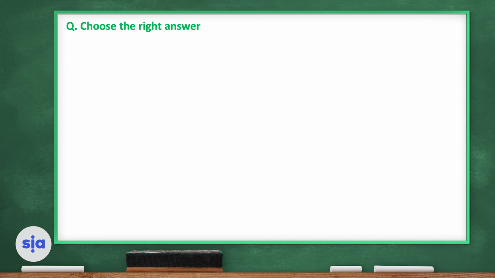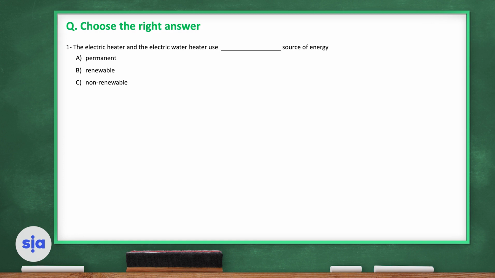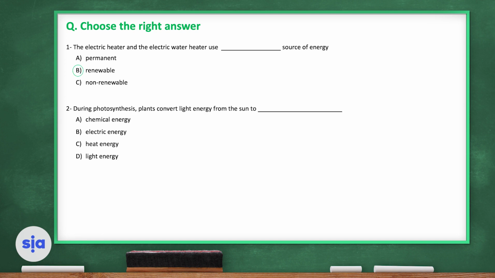Now choose the right answer. The electric heater and the electric water heater use which kind of energy? Permanent, renewable, or non-renewable? Renewable, because they use solar energy. During photosynthesis, plants convert light energy from the sun to chemical energy, electric energy, heat energy, light energy.